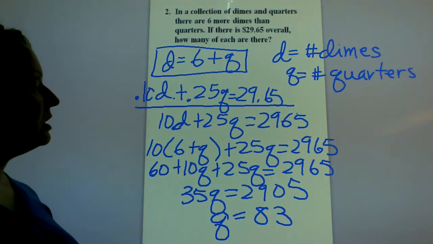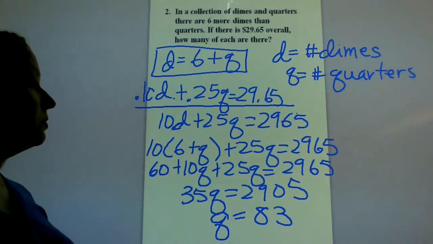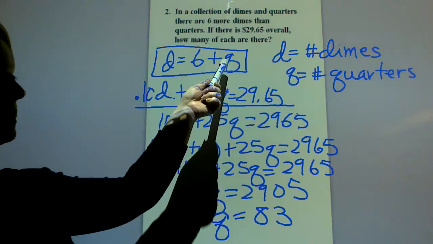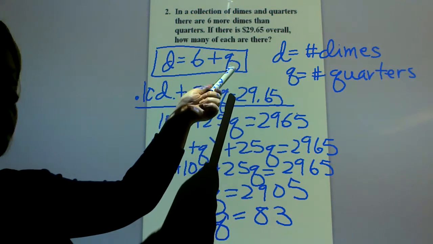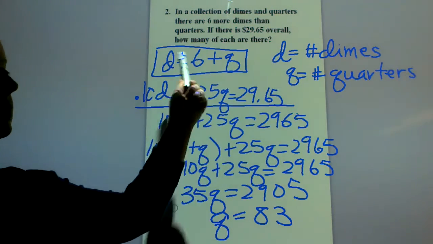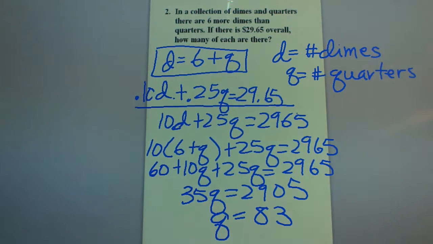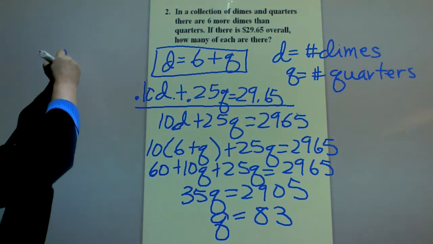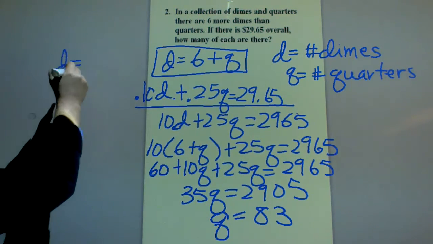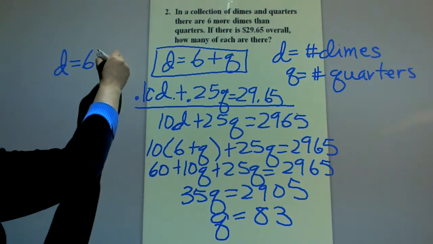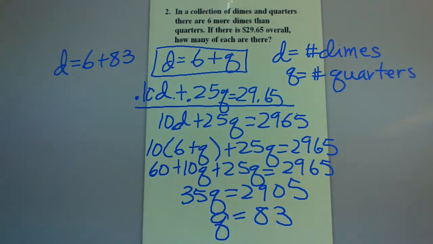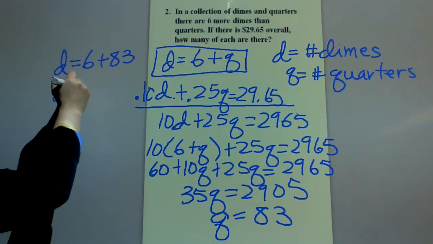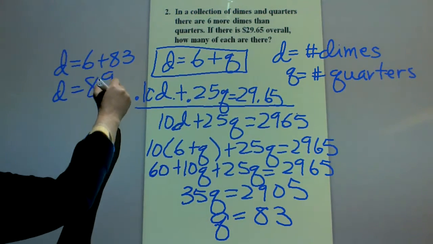And so I want to find next the number of dimes. So I'm going to take this Q and sub it in right here in this equation and find out the number of dimes that I have. Okay? So D is going to equal 6 plus 83. And so D is 89.